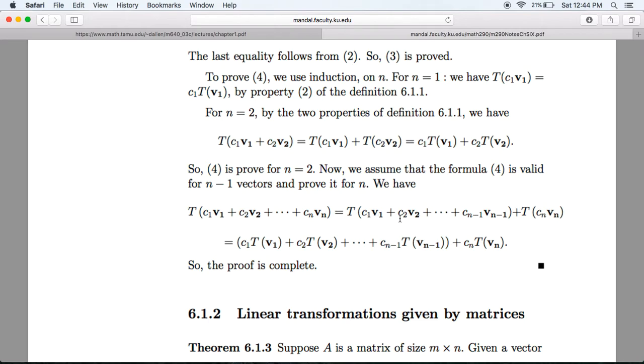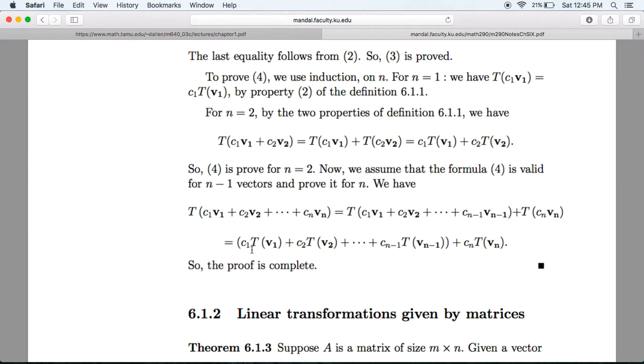And then since it was true for n minus 1, we can pull out these c's, c1, c2 out of this transformation, and this gives me a combination of this sort: c1 T(v1) till c(n minus 1) T(v(n minus 1)), and this is a single vector, and by the base case we know this is true, so we can pull out cn.